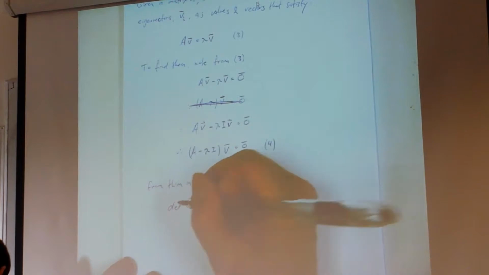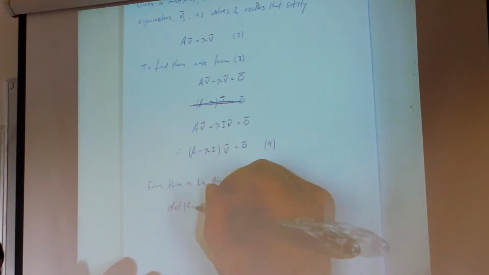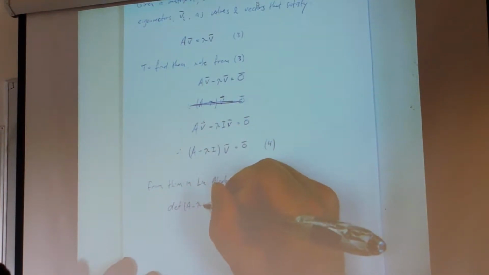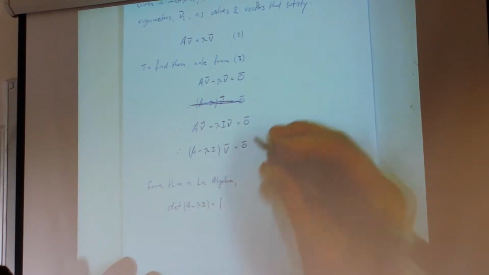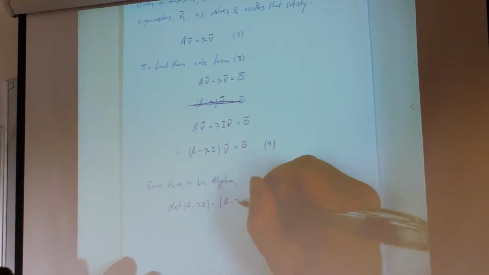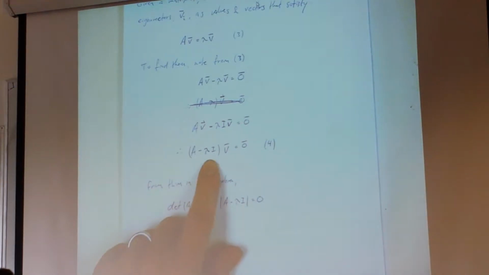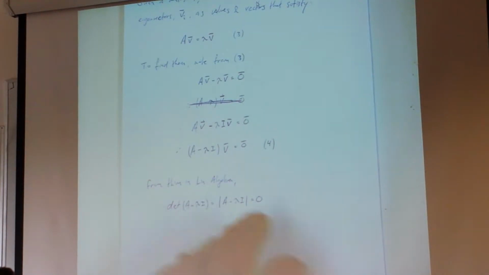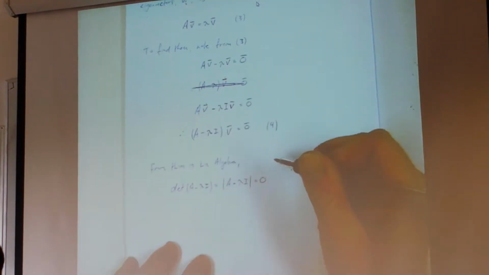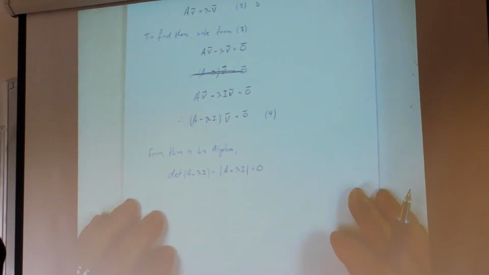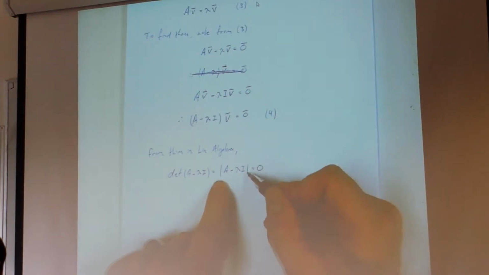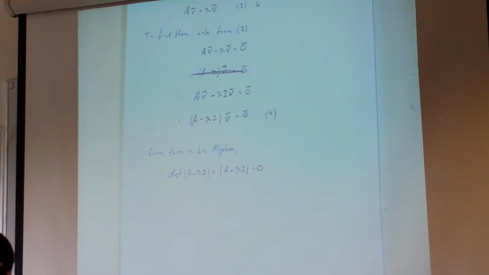All right. For this to be true, the determinant of A minus lambda I, again, just writing it this way, A minus lambda I must be identically zero. In other words, A minus lambda I is a singular matrix, is what it's called, for that to happen. Okay? So we find the values by computing the corresponding determinant.